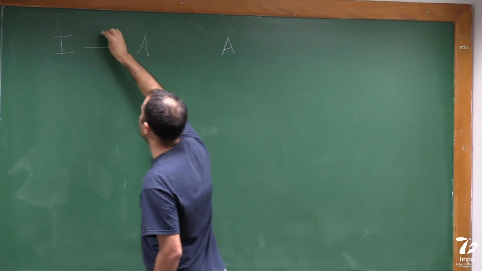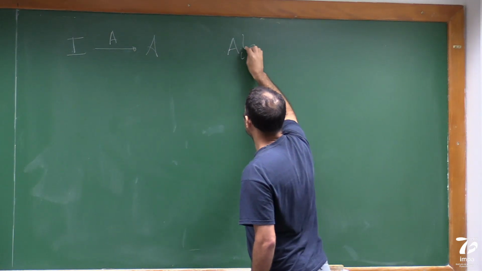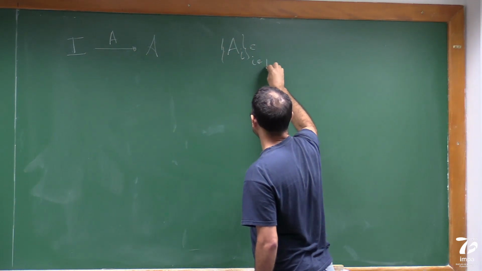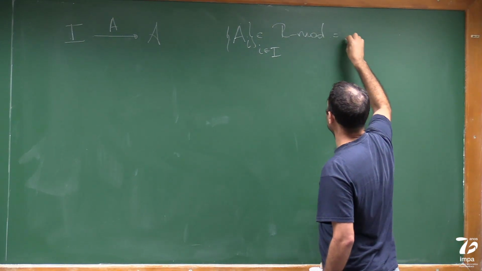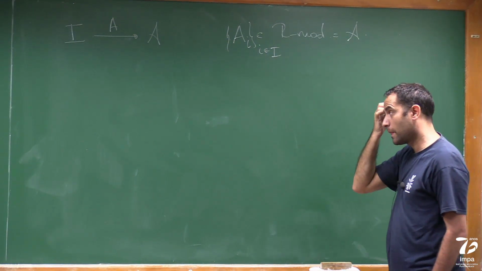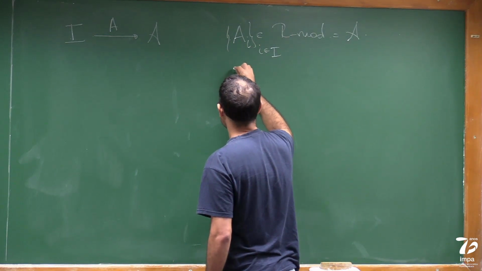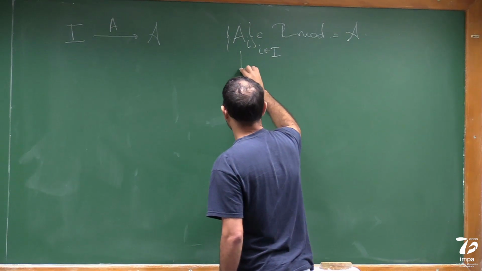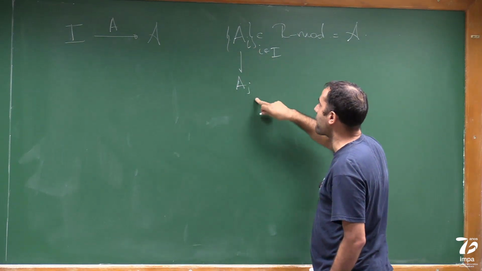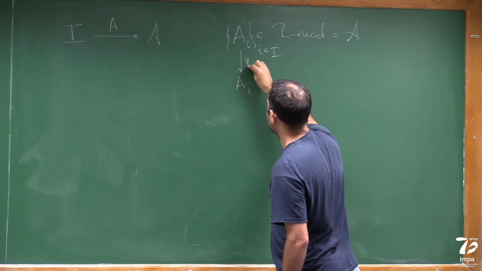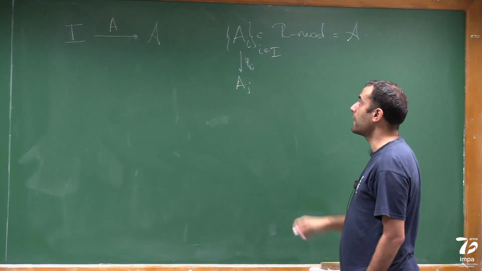Let me call this functor A, so that I have these A_i's, a collection indexed by I, inside of R-modules, which is my abelian category. And also, for every arrow from i to j, I have two modules and an arrow between them, from A_i to A_j.